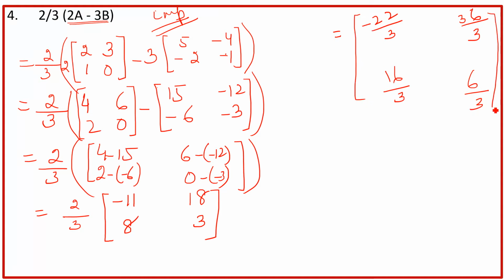Now we will simplify it, and we will get minus 22 over 3 will remain the same, 16 over 3 will remain the same. Here is 3 one time, and 3 one time, it will be 12, and 2 3 one time, 3 2 times 6. So this is our answer. 2 over 3, 2a minus 3b is equal to this, right?